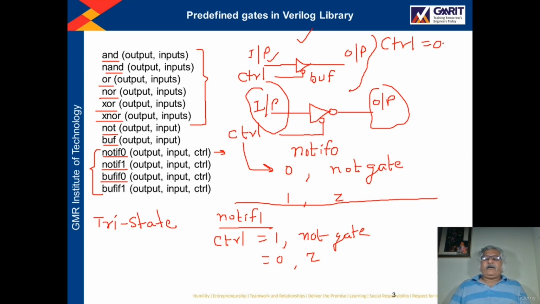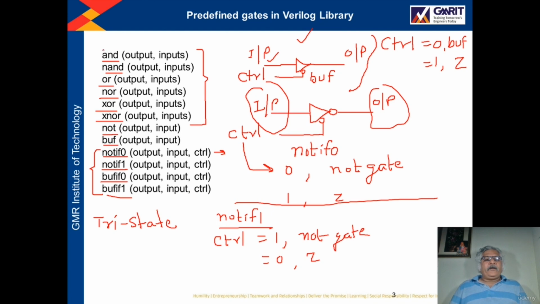Okay, control is 0, then it acts as a buffer. Whatever is at the input will be transferred to the output. And if control is 1, then the output will be in high impedance state. And another is bufif1. In that case, if the control input is 1, then it acts as a buffer, otherwise high impedance state. So these are the predefined gates, right?